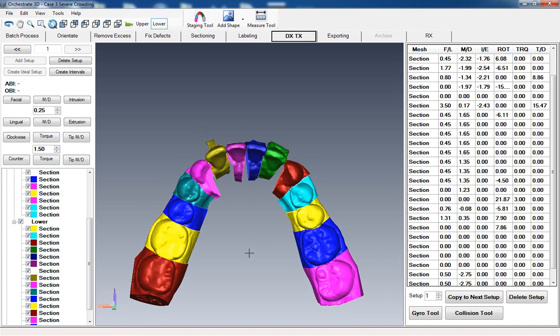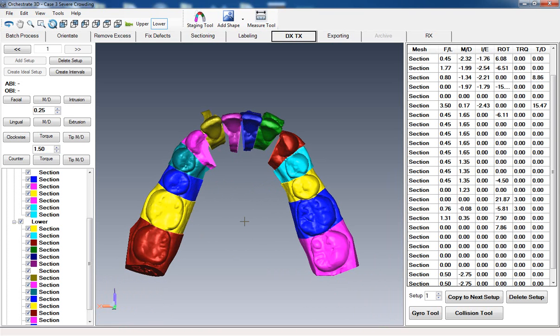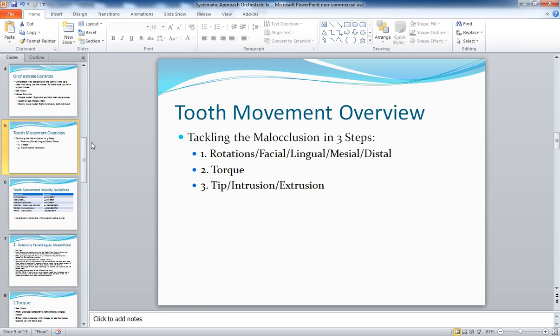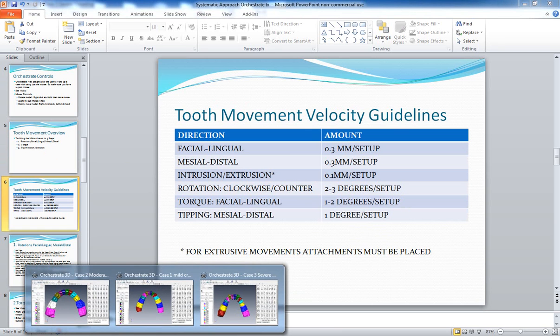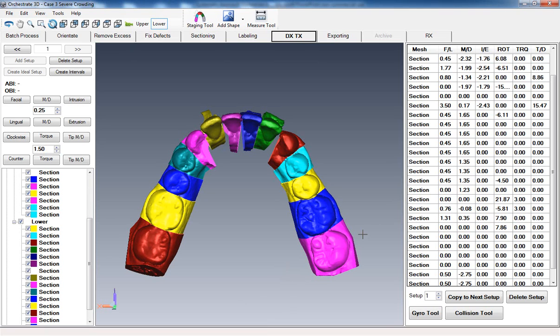This looks good. So now we remember our tooth movement velocity guidelines, and we're going to stay within these parameters. We go back to the case and look at our tooth movement table to find the largest displacement.